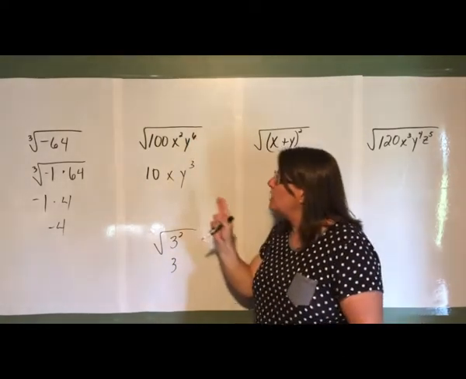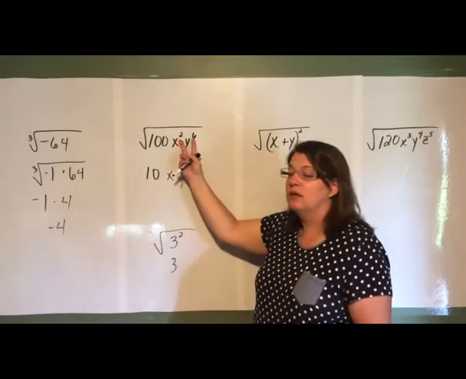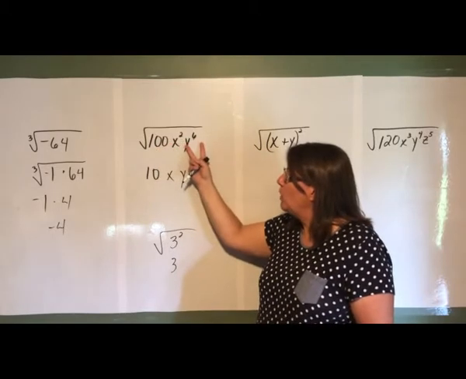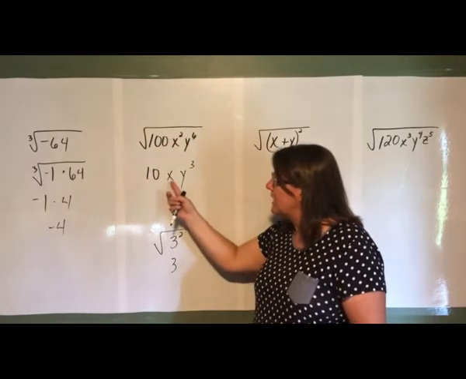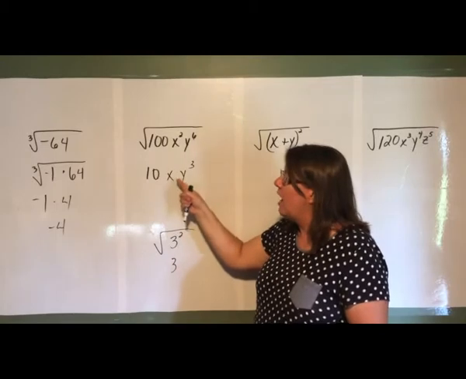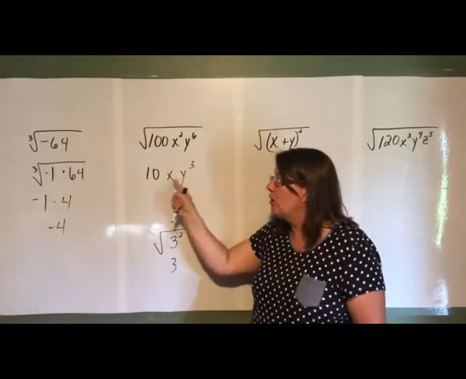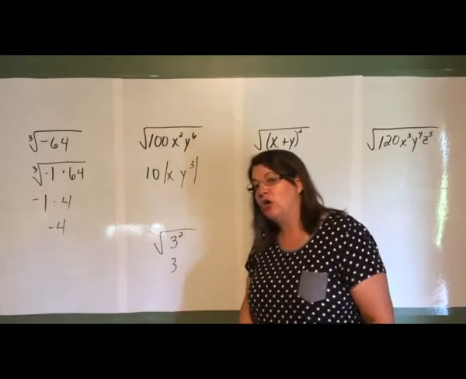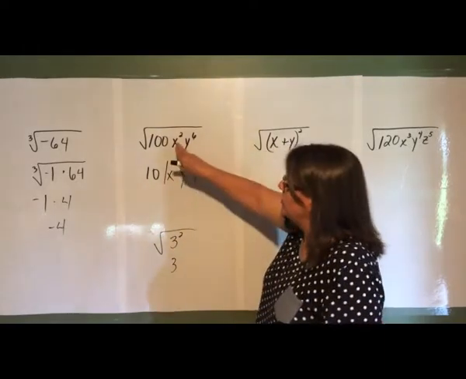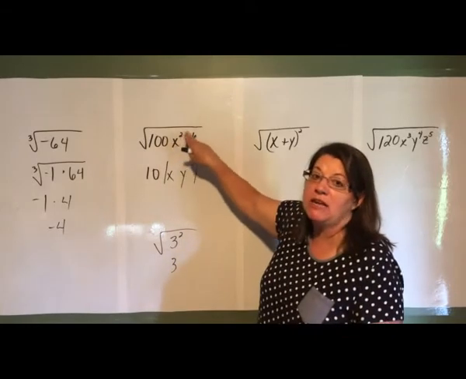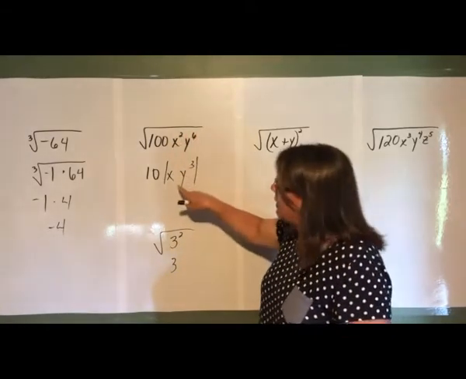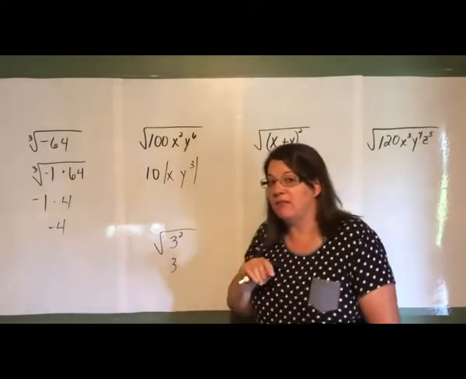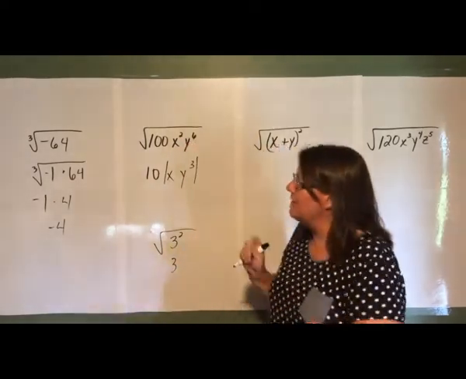So whenever we start with an even exponent within the radical sign, when we take out what we can take out, if we end up with an odd power there, we have to put absolute value around it, because what was inside had to be positive because it was an even exponent, so what we have left also has to be positive. So that adds kind of another dimension there.